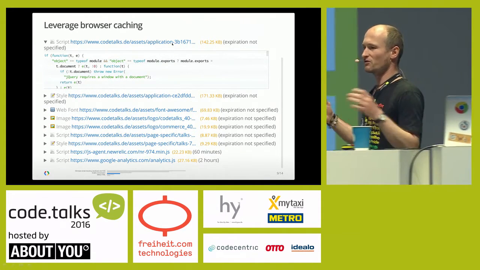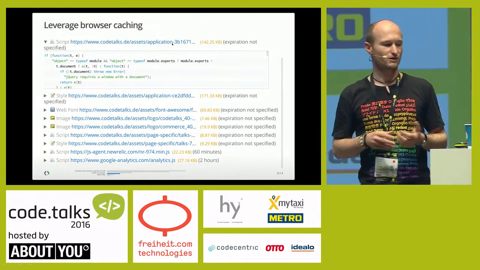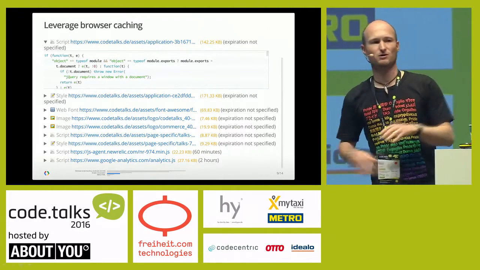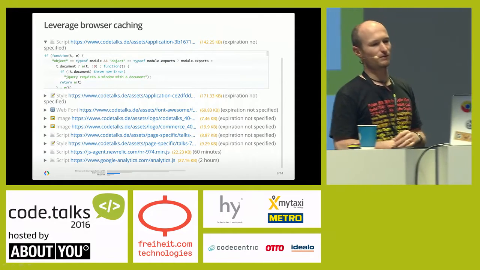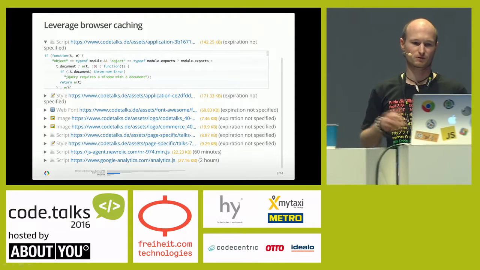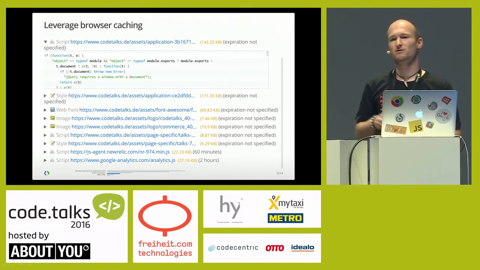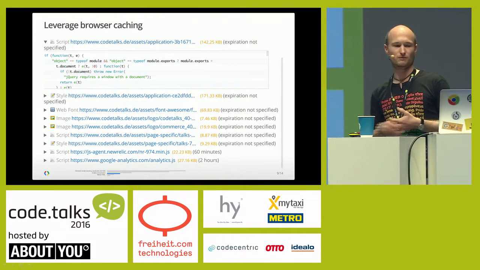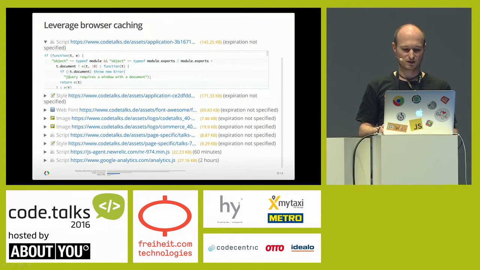So in theory, what you could do always is just say, keep this in cache as long as possible until the end of time. And if for some reason you need to break the cache or deploy a new version, you just change the file name and be good. So that's something that should be done.